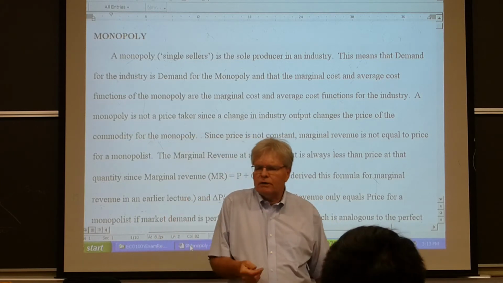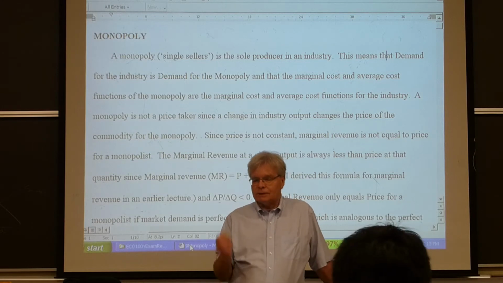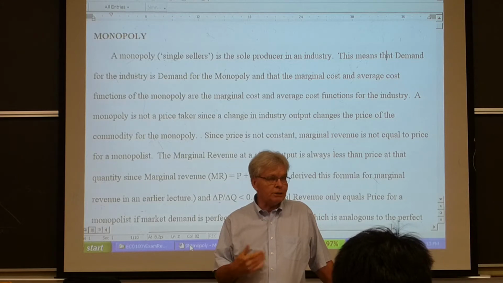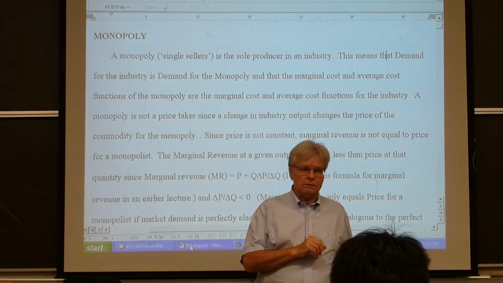So, there's not a lot of real analysis. For example, we get to Adam Smith in 1776, and he doesn't have much more to say about it than the monopoly charges the highest price that they can, which turns out to be completely false.